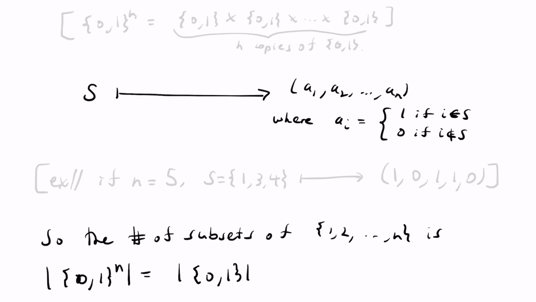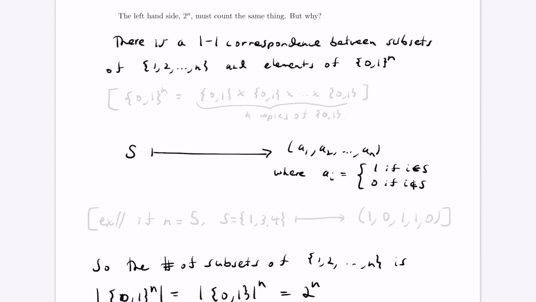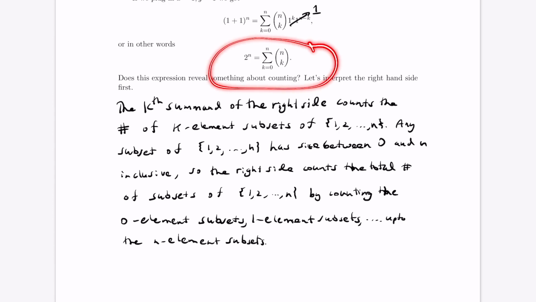We are taking a product of 2, n times, which is 2 to the n. So we do have that the number of subsets of an n-element set is 2 to the n, which then gives us this equality that we wanted to establish through a counting argument, showing that both sides count the same thing, the number of subsets of the set {1 through n}, in two different ways.